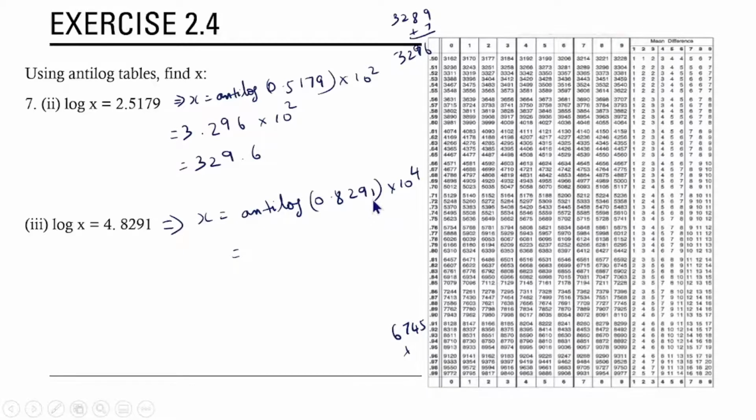The next digit is 1. In row 82, the mean difference corresponding to 1 is 2. So 6745 plus 2 is 6747. So this is equal to 6.747 into 10 raised to 4. 10 raised to 4 is 10,000. So 6.747 into 10,000 will be 67470.